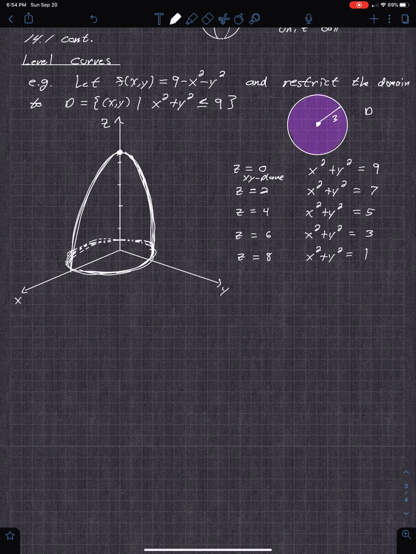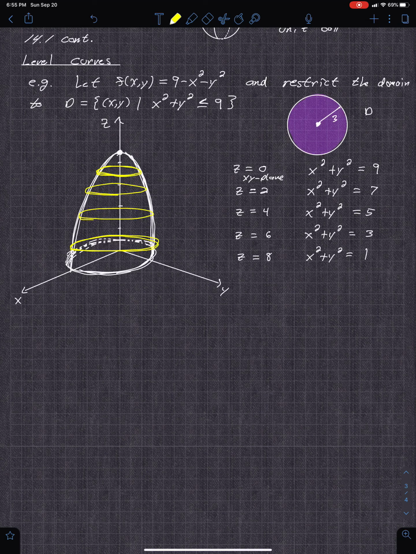And so what you're getting then are these circles up on the surface. You're getting that one, and then at 8 was that first one up here, and then 7, and then 5, and then down here. So you're getting those circles.